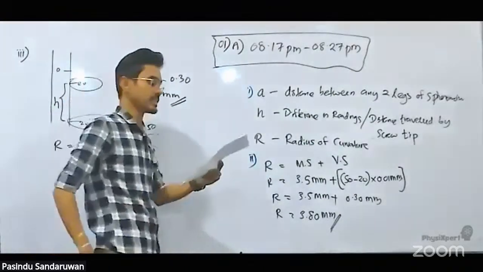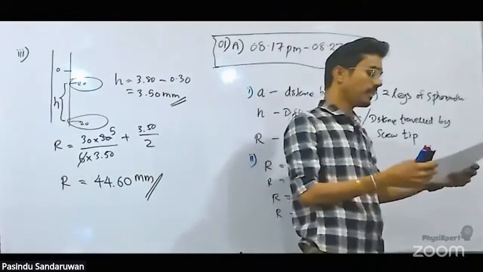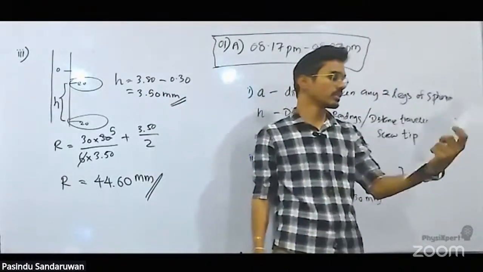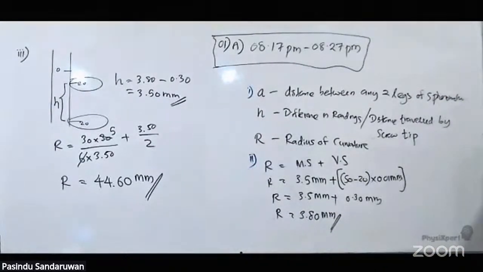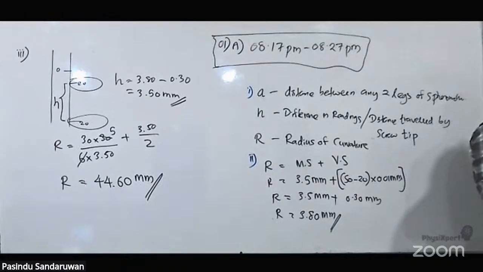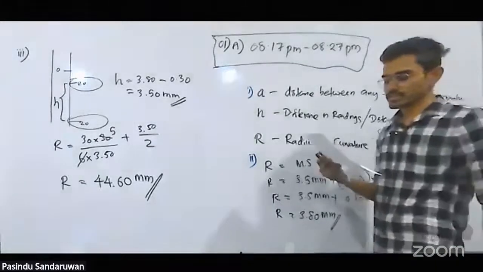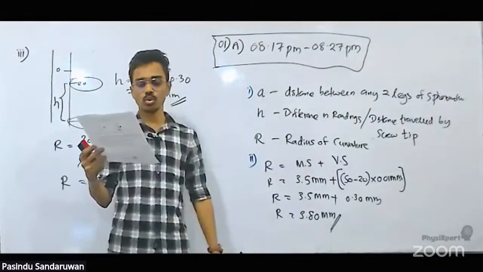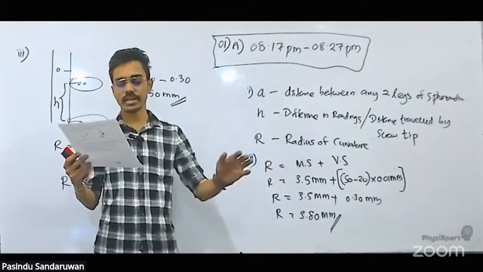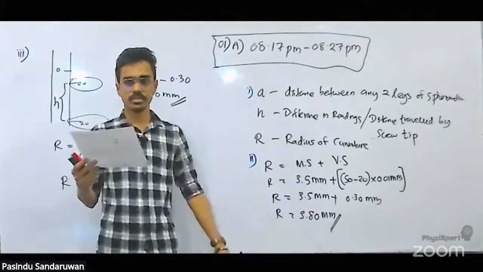If you have already finished part A, you can go to part B. If part B is also done, you can go to question 2. Okay, mistake. In question 2, part B, it should be corrected as two identical balls.